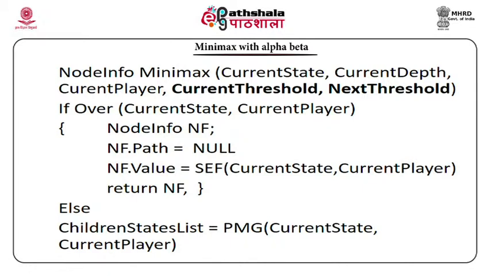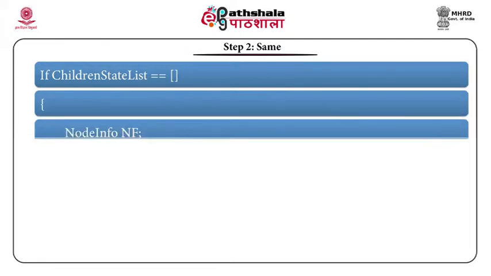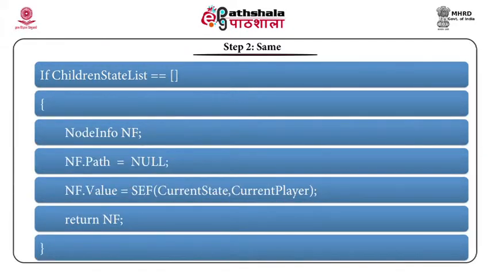The second step also remains the same. If there are no children, absolutely fine, treat it like a leaf node. Generate the value, path is null, generate the SCF and return it back. And why is this null? Because we have reached a dead end, a draw, or winning or losing by one of the parties.